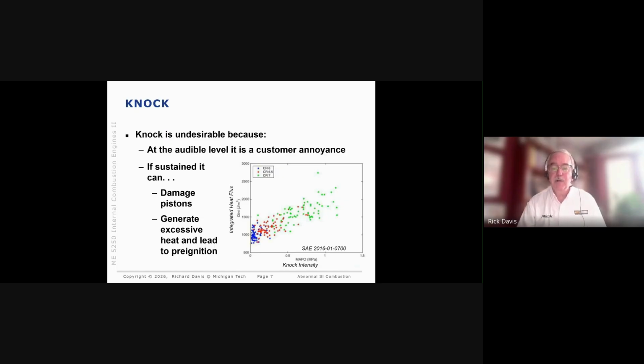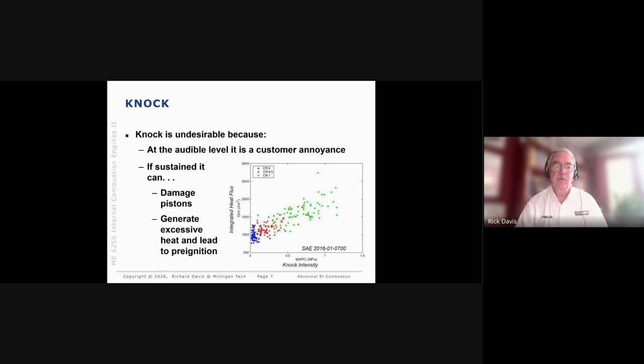So a minor level of knock is really not a structural concern per se, but if knock goes on undetected and unmitigated, then we can run into issues. That's prominently because when knock occurs, it ends up with these high pressure oscillations in the chamber. Those increase the local heat transfer coefficients, and you end up putting a lot more thermal energy into the combustion chamber surfaces, including the piston.